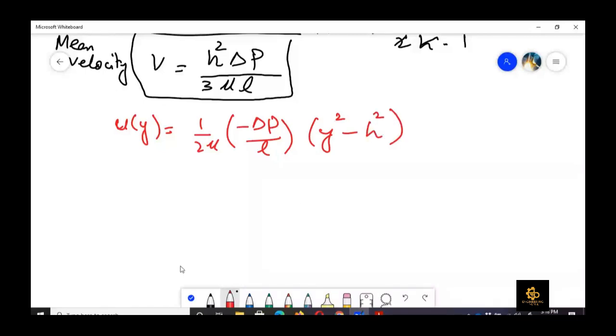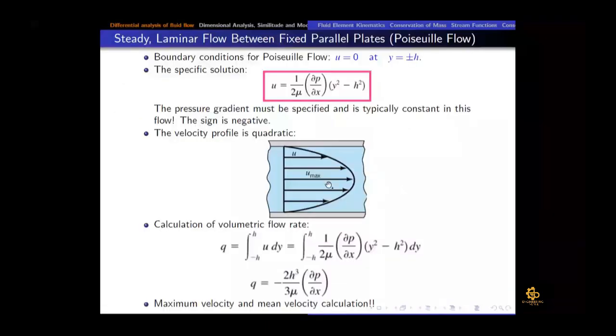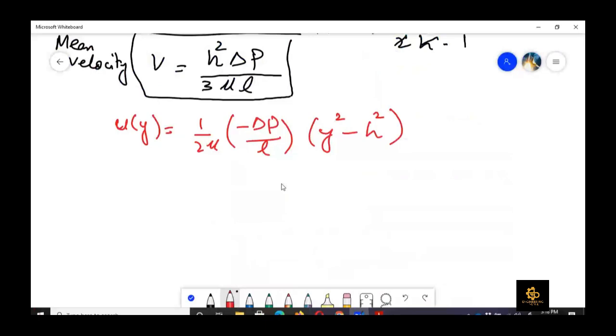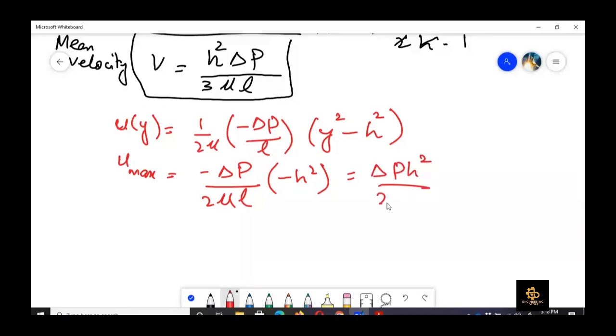Right. So if we look at the figure here, where would be the maximum velocity? It is at the center, which is the place when y is equal to 0. So when we put y is equal to 0, we would have u maximum. So I can write that u maximum is equal to minus delta p divided by 2 mu l into minus h square. So that would be equal to delta p h square divided by 2 mu l.